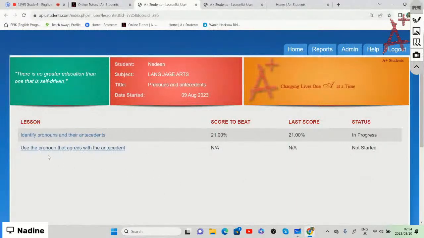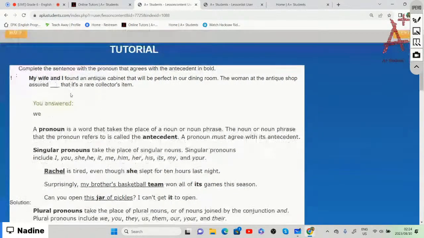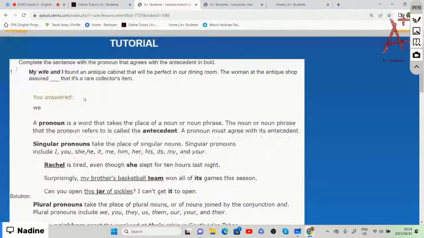So now we're going to use the pronoun that agrees with the antecedent. We need to complete the sentence with a pronoun that agrees with the antecedent in bold.